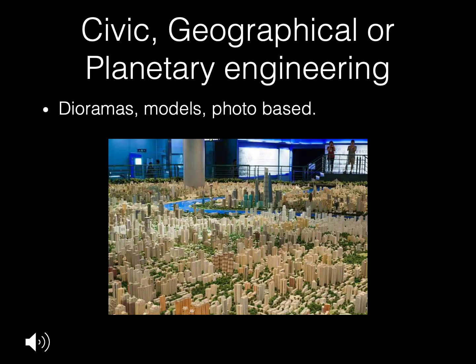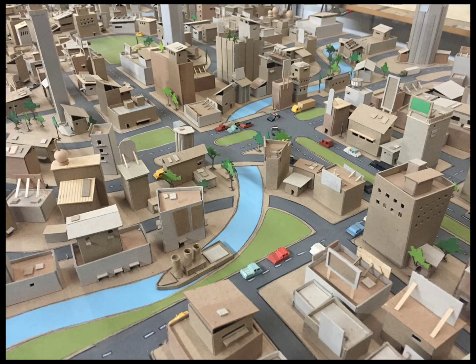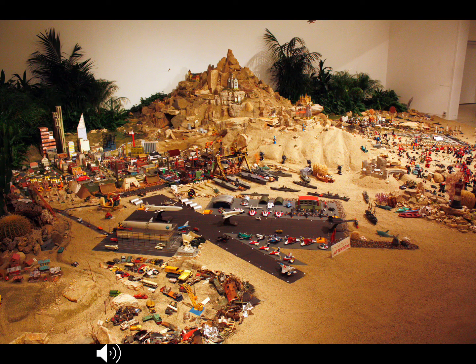You could go into a different type of engineering, such as civic, geographical, or planetary engineering, where you design large civic or even planetary structures. A friend of mine, actually a former student from California, likes to make cities out of paper. Here's a close-up of one of his cities. Here's 2 cities made by the artist Chris Burden.